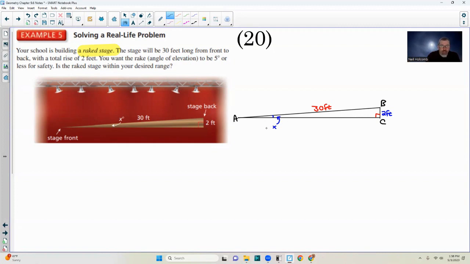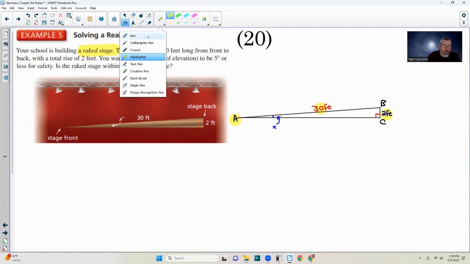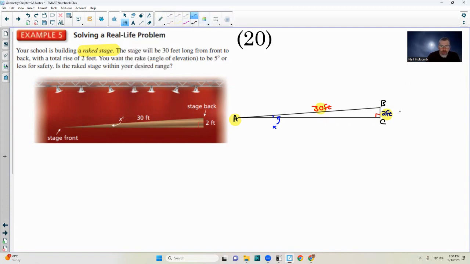With respect to angle A, that's our reference angle, so let me highlight that. With respect to angle A, we know opposite and hypotenuse. Let me label that. This is opposite. This is hypotenuse. So that is sine. The sine of angle A equals opposite over hypotenuse.